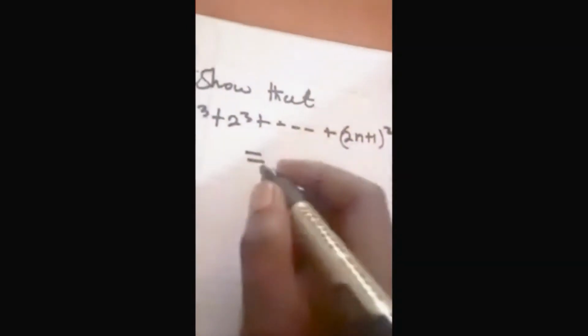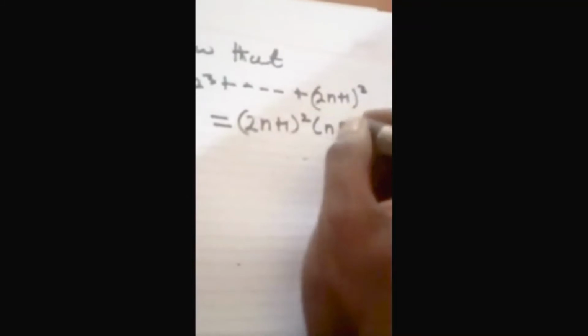Show that 1 cubed plus 2 cubed plus up to others plus 2n plus 1 cubed equals 2n plus 1 squared into n plus 1 squared. You show that that is true.